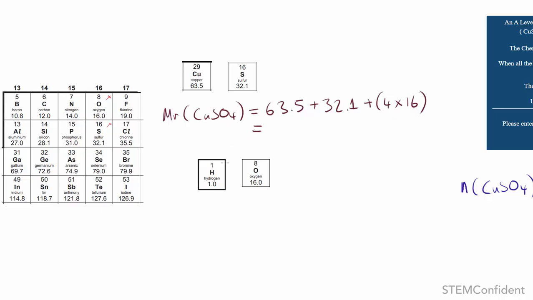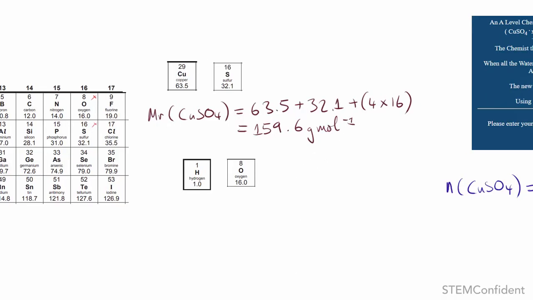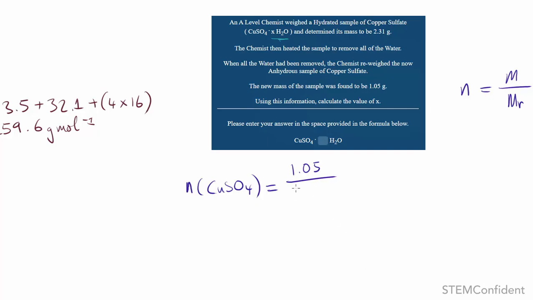And so that's going to give us what value? Well, that's going to give us 159.6, and that's going to be in units of grams per mole, right? So over here, we can just write 1.05 divided by 159.6, right?